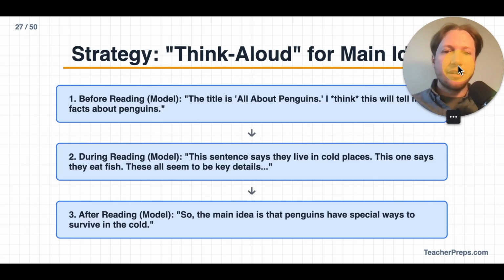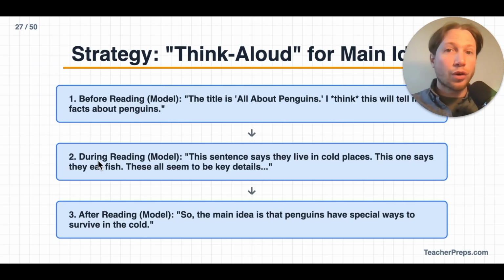So in creating a think aloud for modeling the main idea, step one would be to model before reading. And we can use picture walks when we open up a book and we say, oh, look at these pictures on dinosaurs, or in this case, penguins. I think that we'll be learning facts about penguins.